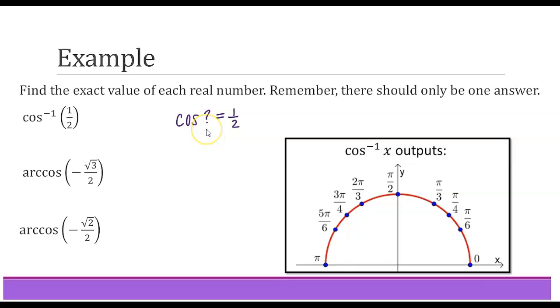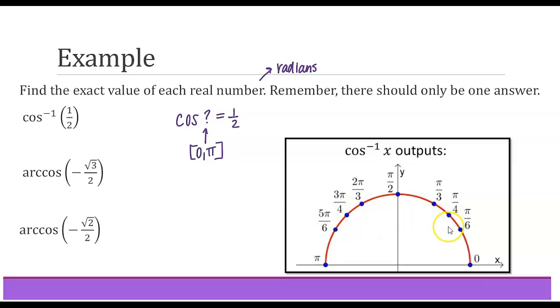So when we think about an answer here, we have this restriction. The answer can only be an angle from 0 to pi, and specifically an angle in radians, because it says find the exact value of each real number. So I do need my answer to be in radians. The answer there is going to be pi over 3.